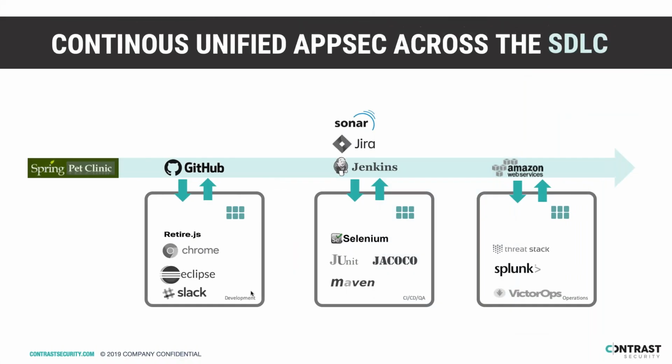So this provides a frictionless, continuous, unified approach for application security across the lifecycle. In development, what it means is that your developers, as they work, as they write and test software, get instant feedback in their IDEs, in their chat ops, their interactions with GitHub, right?